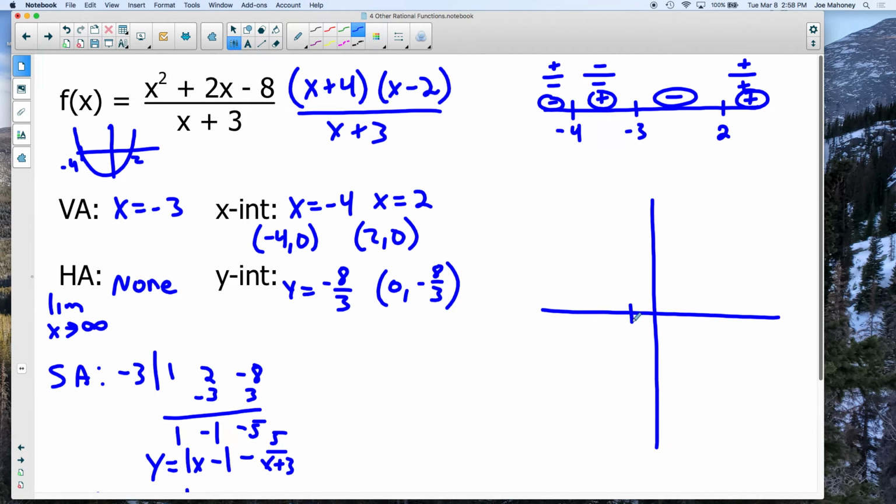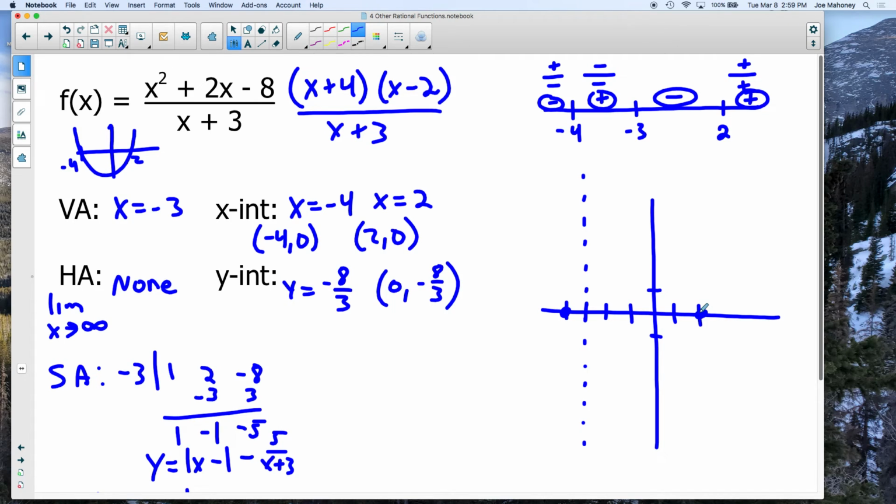So I got to go all the way out to negative 4. I got to go out to positive 2. I've got a slant asymptote at y equals x minus 1. So y equals x minus 1 is going to have a y-intercept at negative 1. Let's see. I'm going to graph my vertical asymptote. It's at negative 3. My x-intercept is at negative 4 and at positive 2.